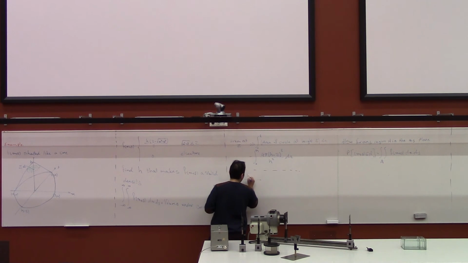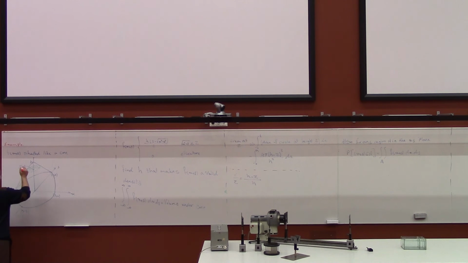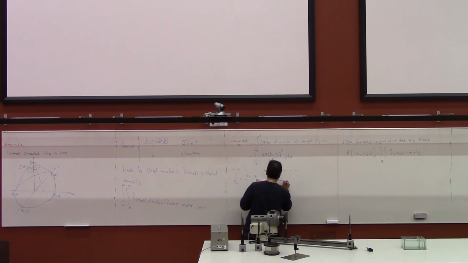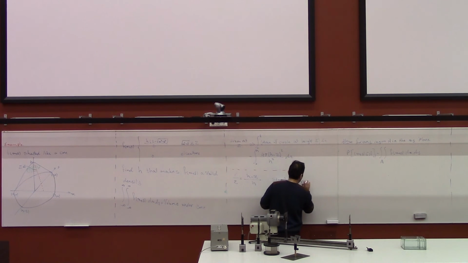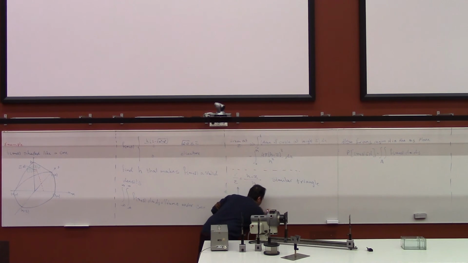Then we can write (h − z)/h, because if we draw a triangle or a scale here, we can say it's a triangle and find the radius using similar triangles. Okay, we can draw it.